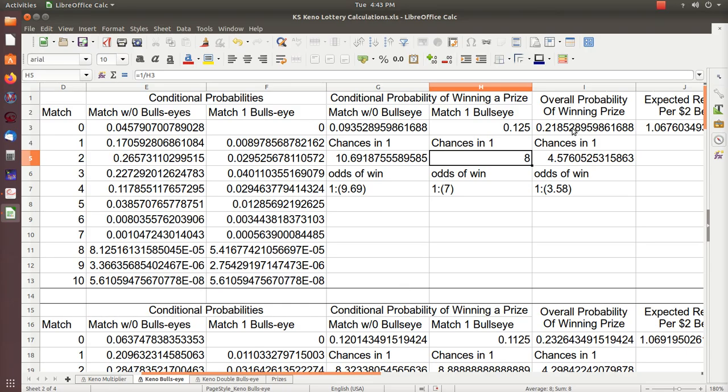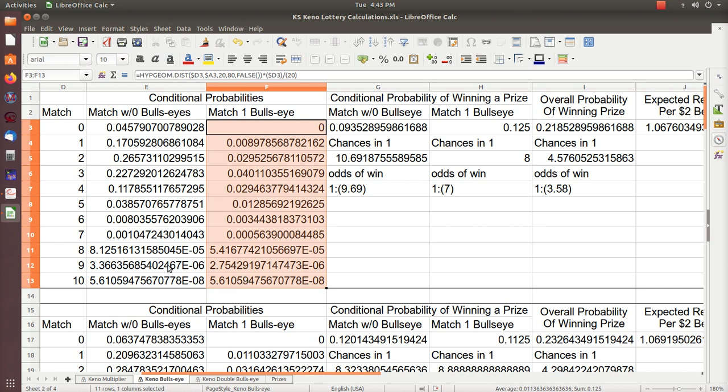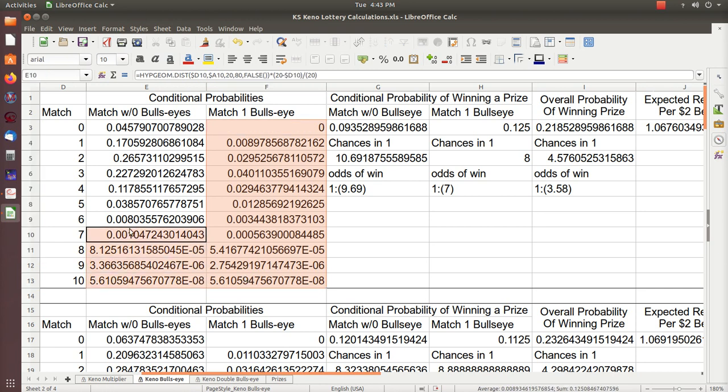Okay, that's this number. So the probability of winning Keno Bullseye is the sum of these probabilities plus the sum of these probabilities, and that's this. So you have a 21.8% or 21.9% chance of winning Keno Bullseye.